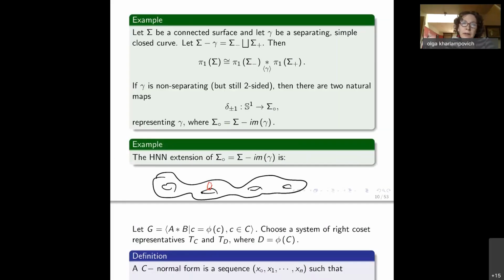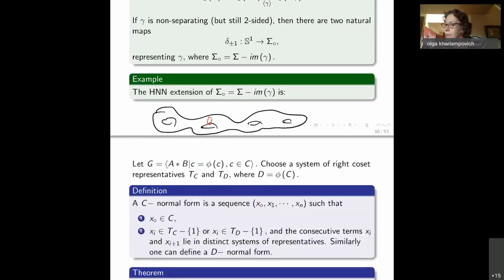Then we take what's called an HNN extension along the cyclic group corresponding to the simple closed curve, and we get the fundamental group of the surface. So it's another construction, which I'll talk more about.